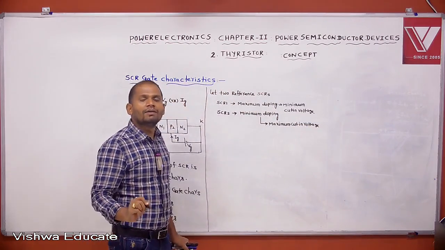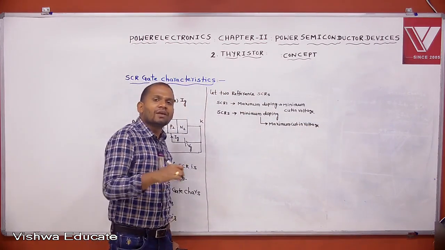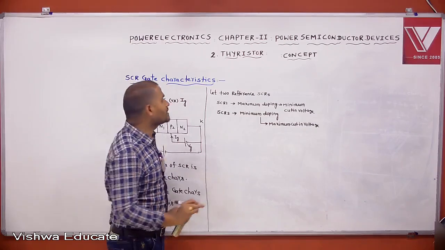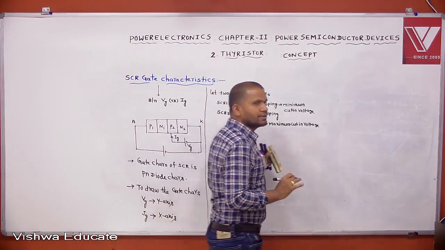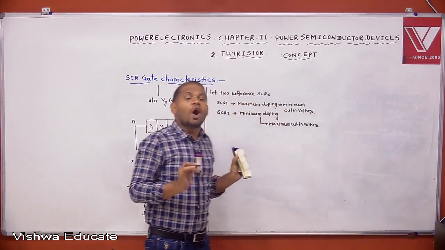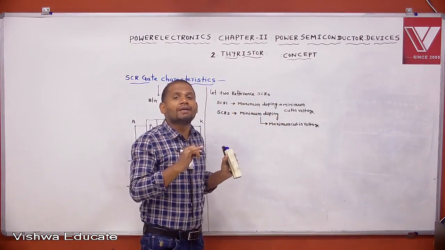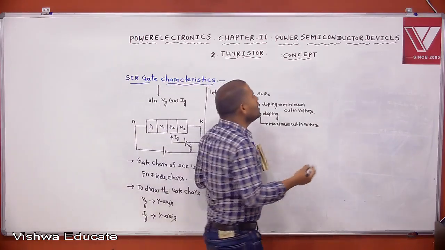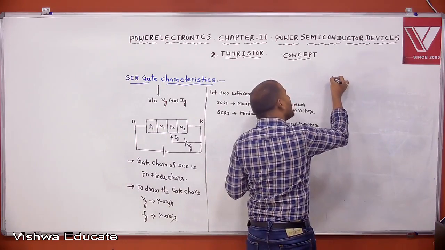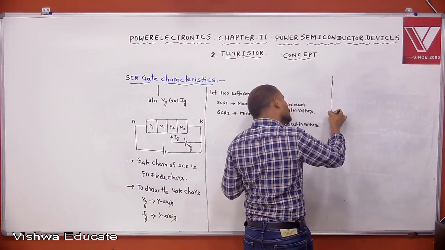First, draw the gate characteristics of a reference SCR. This is the procedure to find the operating point of a gate terminal for a given thyristor.